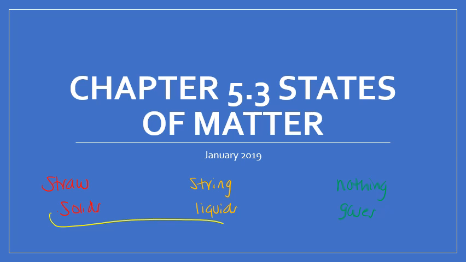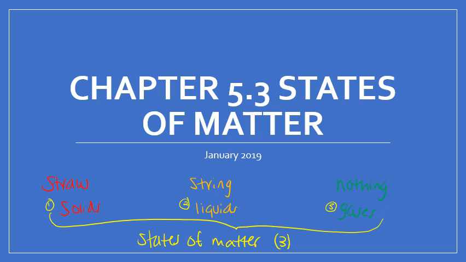Solids, liquids, and gases are states of matter. And there's 3 major ones that I want you to know. Solids is the first, liquids is the second, gases is the third. All right, let's dive on in.